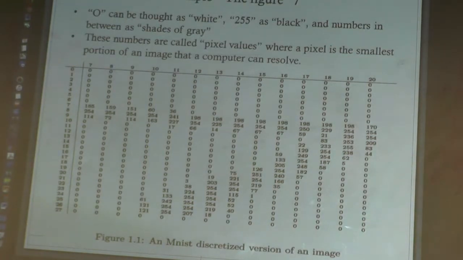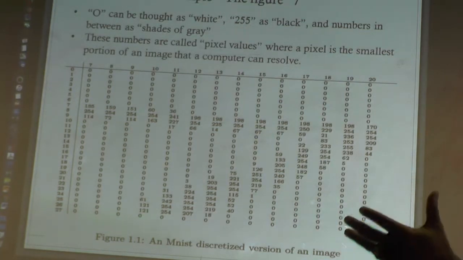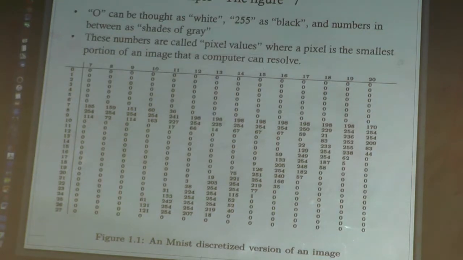So, as an example, this is figure 7. As I said before, the 0 represents white, the 255 represents black, and the numbers in between represent shades of green. Okay? And that's all that you have in terms of any image, by whatever name. You have pixels, and you have values between 0 and 255.